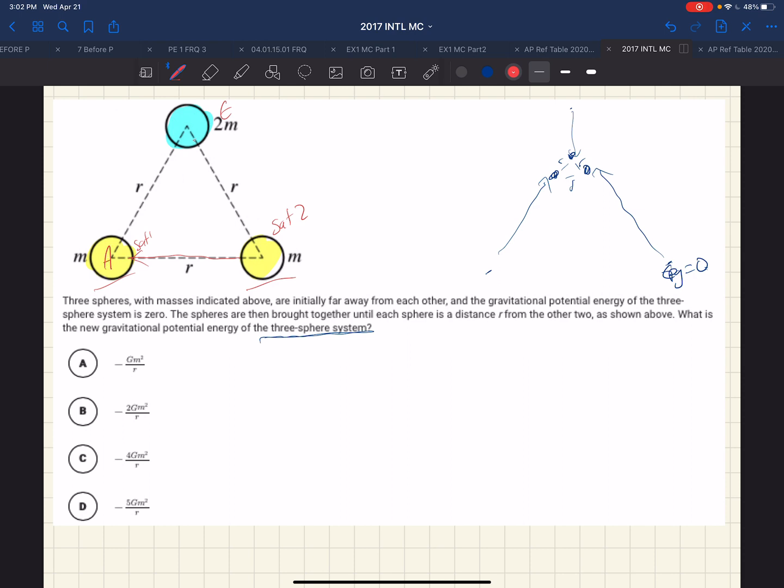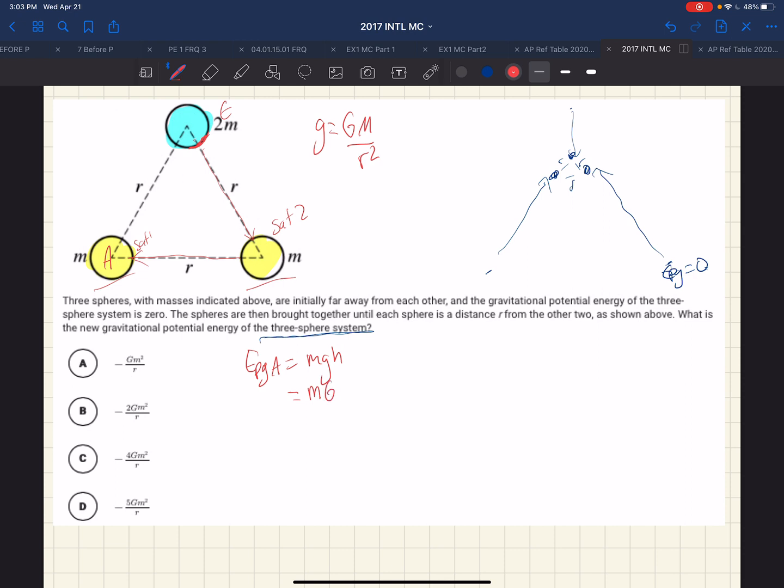Let's call this A. The gravitational potential energy of A would be mgh. Now the mass of A is m, but g, we don't know how big g is, because if this is the Earth, then g is when they're this far away. But g actually varies, and so our equation for g is big G, big M over r squared. In this case, the big M is 2m.